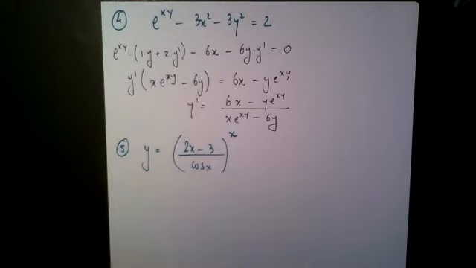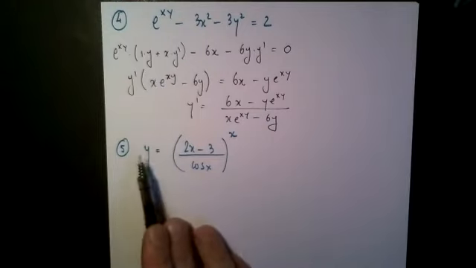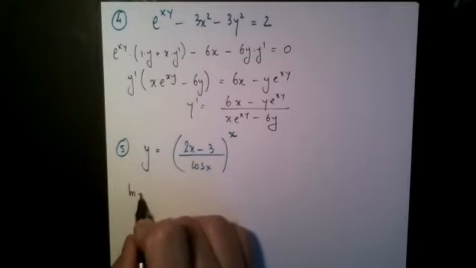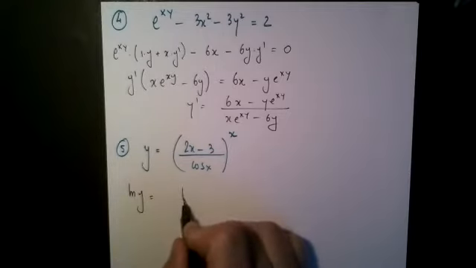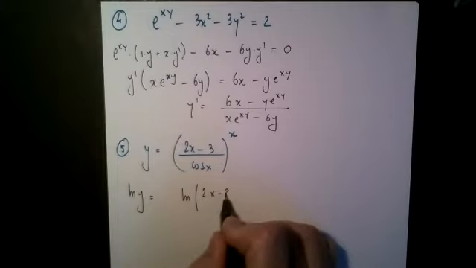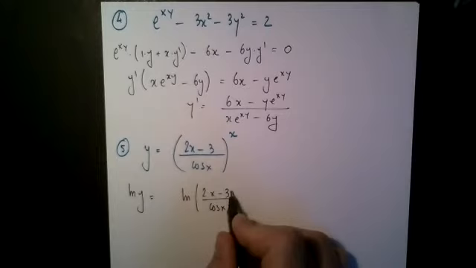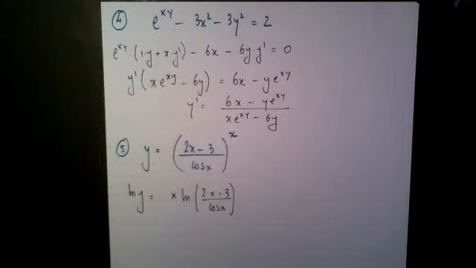Okay, number 5, we do it using implicit logarithmic differentiation by putting a ln on each side. So ln y is equal to ln of 2x minus 3 over cos x to the power x, so the x comes in front. And that is equal to x times ln of 2x minus 3 minus ln of cos x.